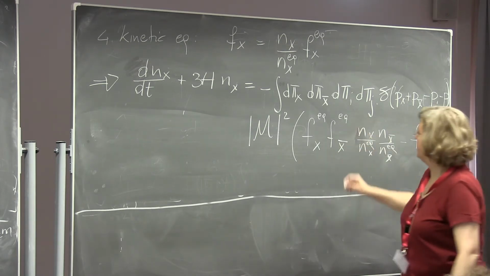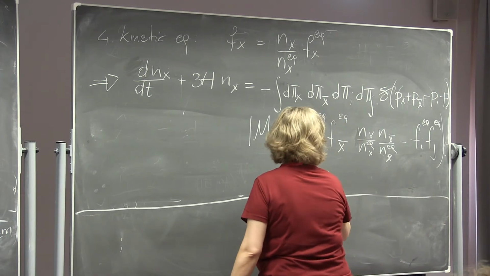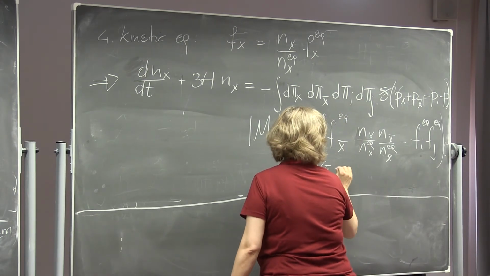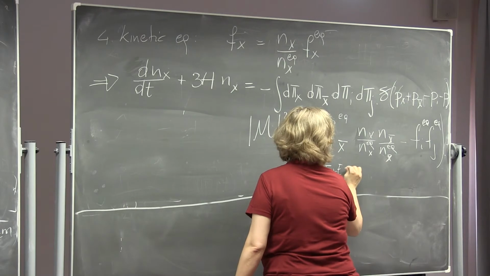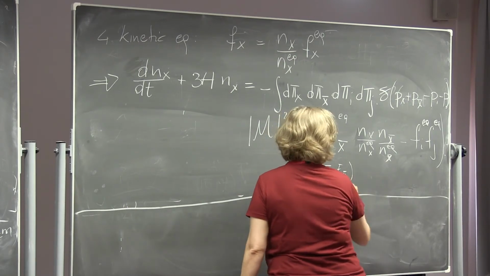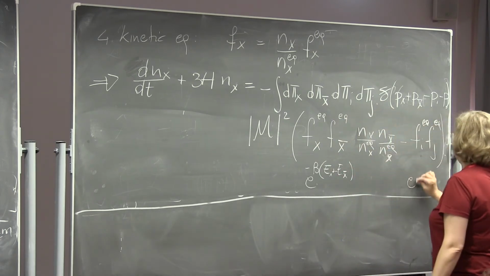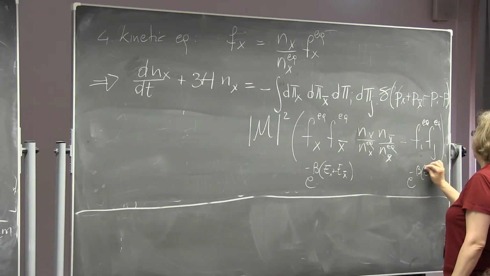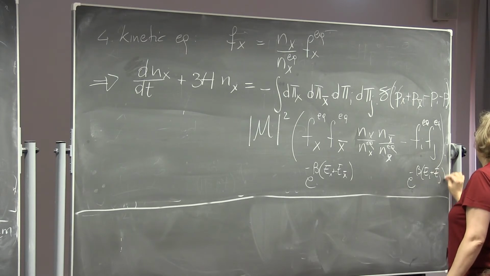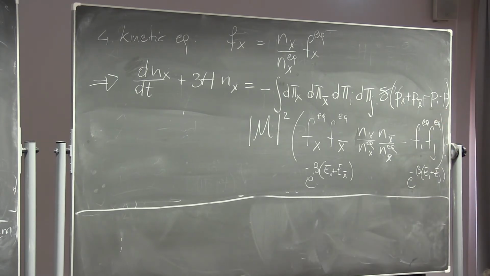And of course, if you write this as a Boltzmann distribution, this is nothing else than e to the minus beta (E_x plus E_x bar). And this one is the same as e to the minus beta (E_i plus E_j) due to the delta function.